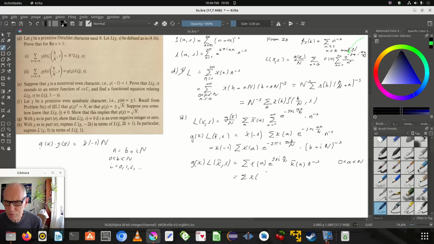I think it would be reasonable to have chi bar of n divided by a, and then we only take a in the multiplicative group. Where's the n? Oh, we don't have an n there.